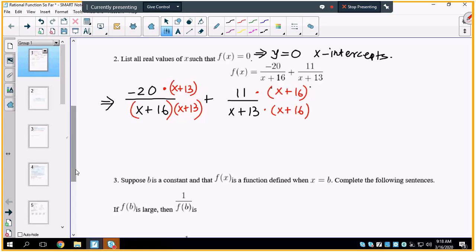And then, as you can imagine, I'm going to combine these terms, but before I do so, I need a little bit of distribution and simplification. So negative 20x, and then I do multiply negative 20 with 13, and I get minus 260. And this is over x plus 16 times x plus 13.